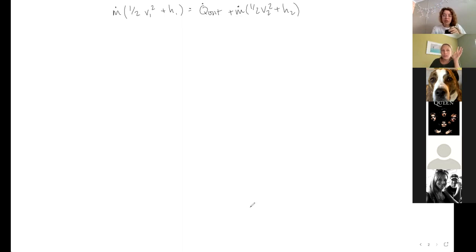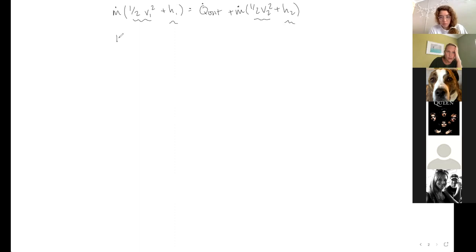So I can rearrange this to group my velocity terms together and to group my enthalpy terms together. I'm going to move this entire unit to this side and then factor out my velocities and then factor out my enthalpies.